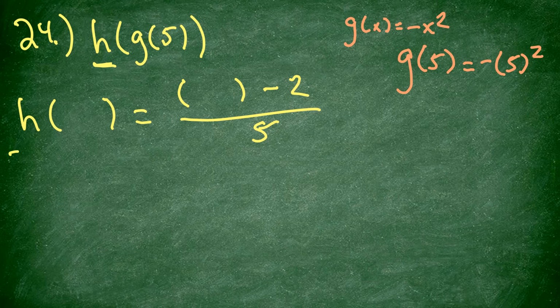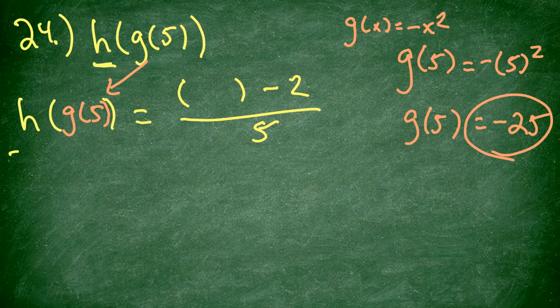Sometimes it's a little bit easier to just simplify this first. So g of 5 equals 5 squared is 25, so it's minus 25. So when I put this g of 5 in here, I don't write g of 5, I write negative 25.